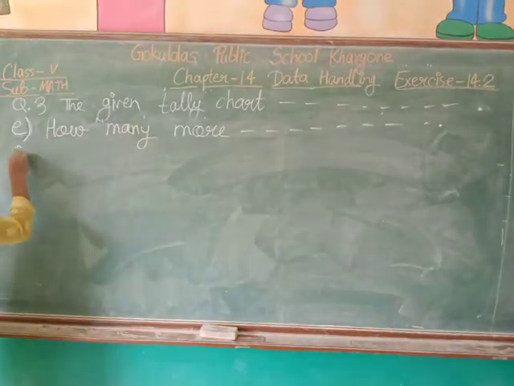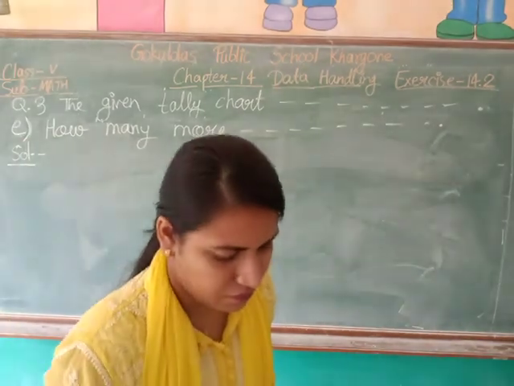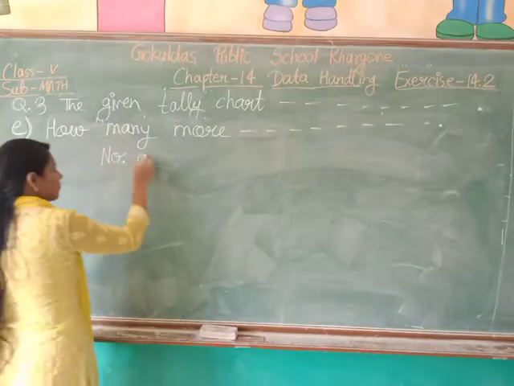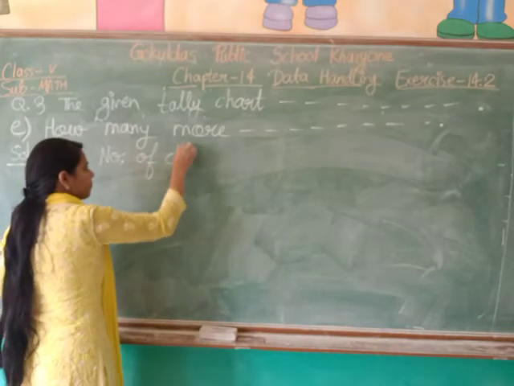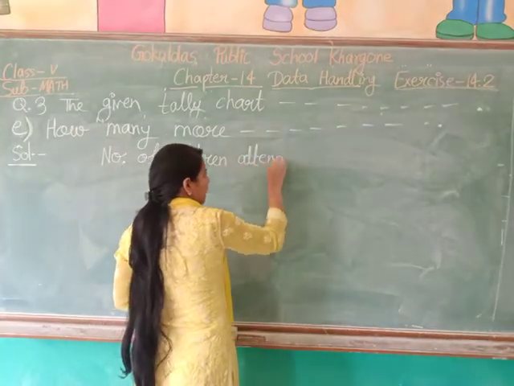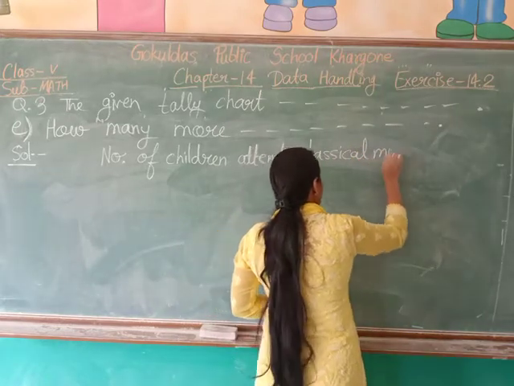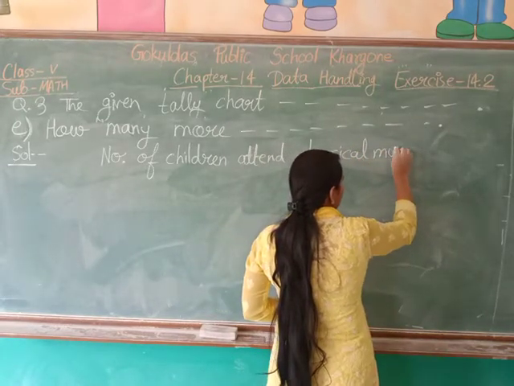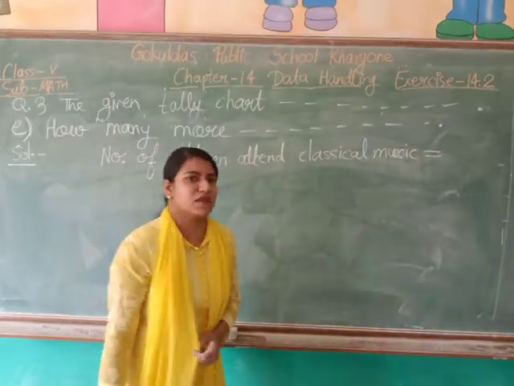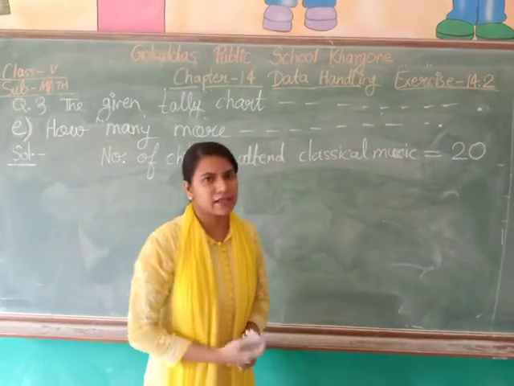So look at the board. Number of children who attend classical music. How many children attend classical music? Tell me, how many students attend classical music? Observe the table. 20 students attend, right?